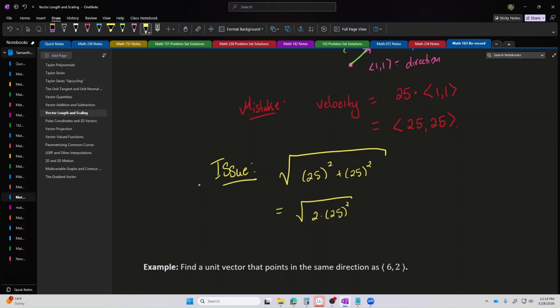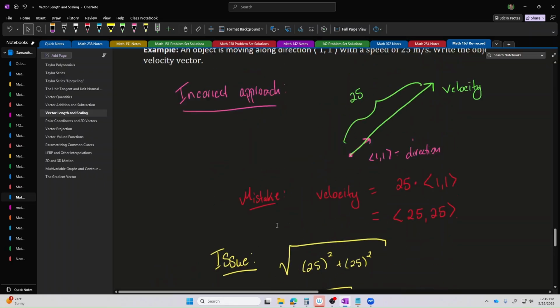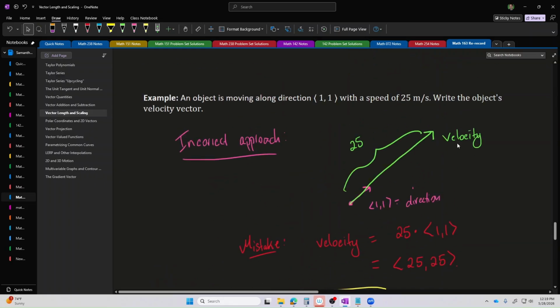And if I simplify this root, I get 25 times square root 2. As a decimal approximation, what we're finding is that our speed is actually significantly too big now. As a decimal, this is approximately equal to 35.4 meters per second, not the 25 meters per second that my velocity vector is supposed to have for its magnitude.